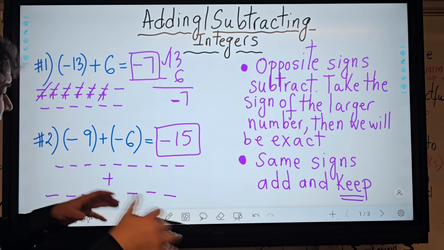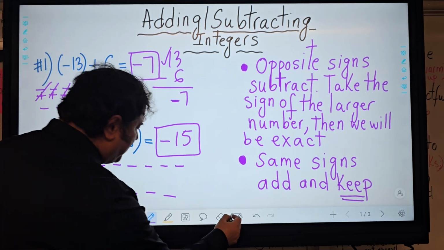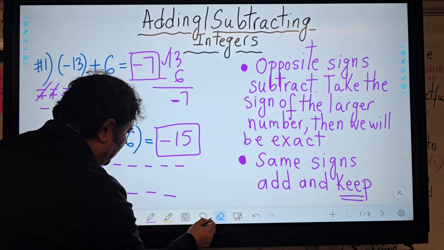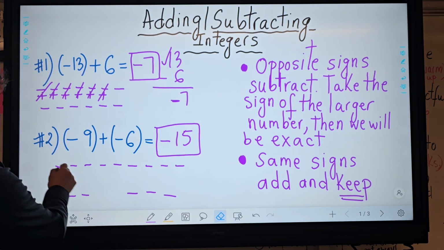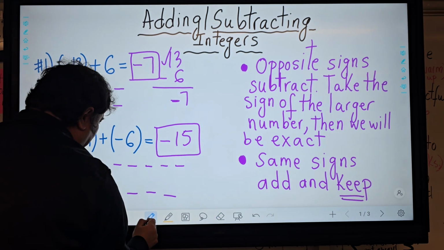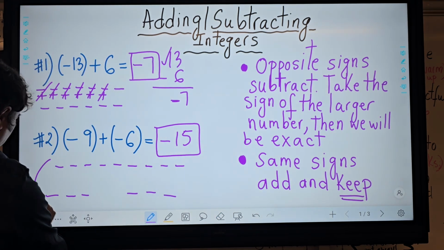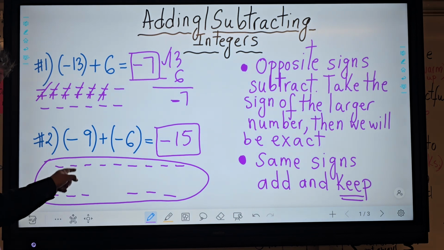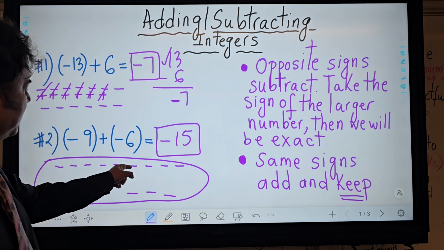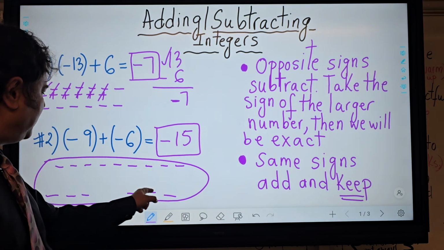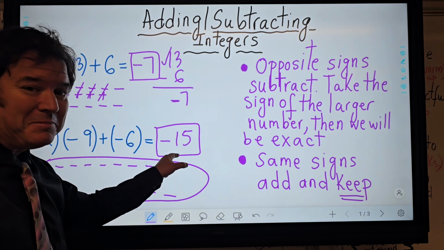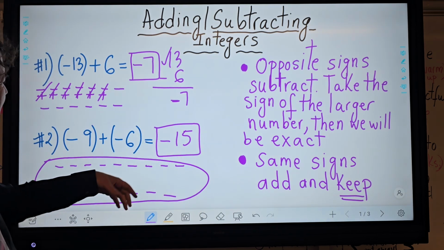Let me remove that negative there because I don't want you to get confused with this positive. So let's add all these negatives together. How many do we get? 1, 2, 3, 4, 5, 6, 7, 8, 9, 10, 11, 12, 13, 14, 15. Negative 15. Not very hard.